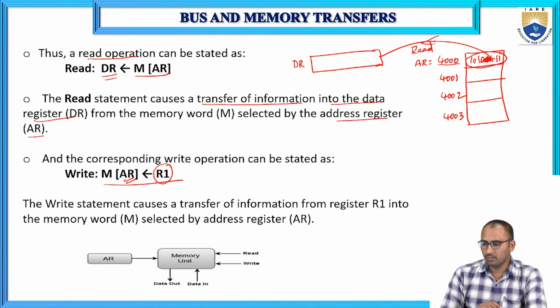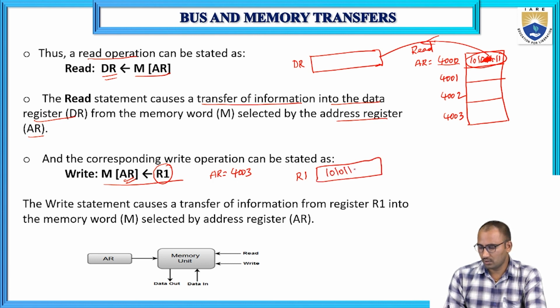Let us assume the address register AR is equal to 4003. In the R1 register we have some data.